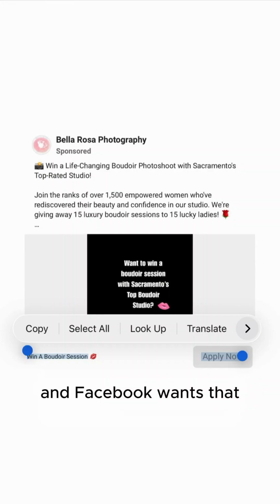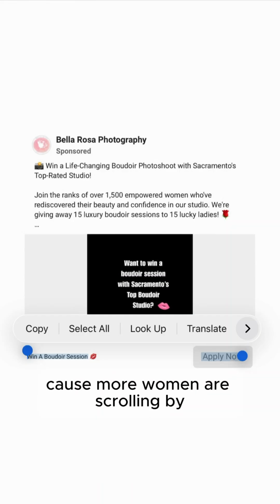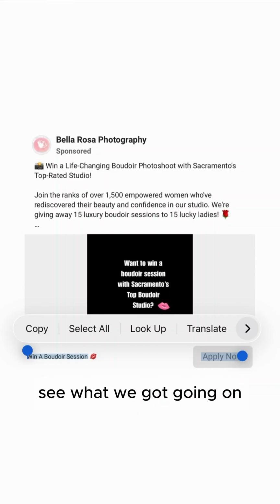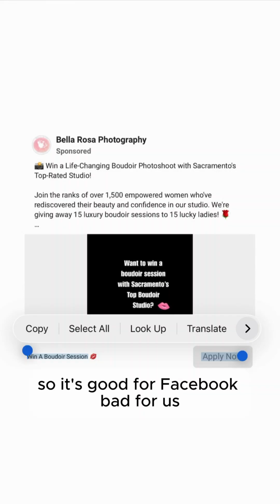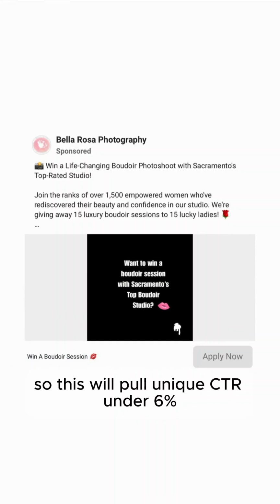And Facebook wants that because Facebook can serve more ads per unit time because more women are scrolling by our ad per unit time. They're not clicking in to read more, see what we got going on. So this is good for Facebook, bad for us. So this will pull unique CTR all under 6%.